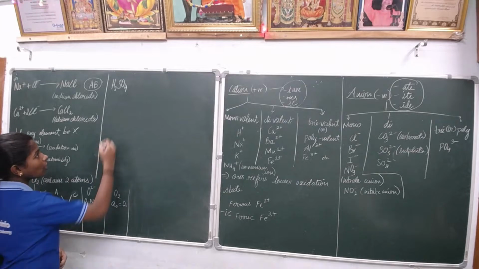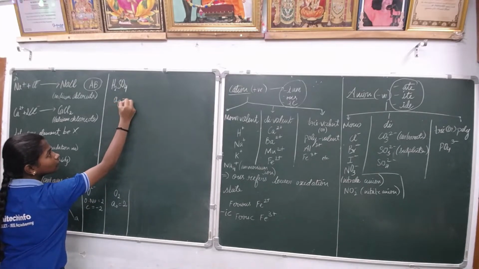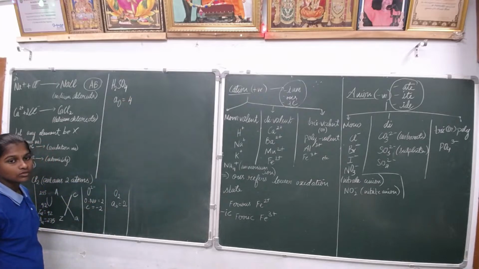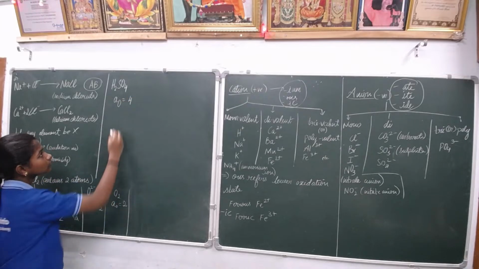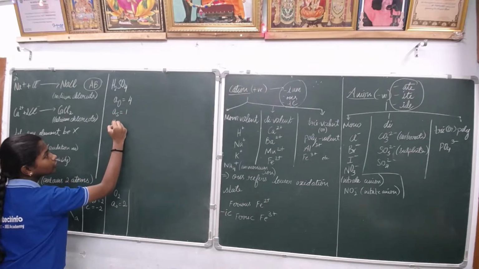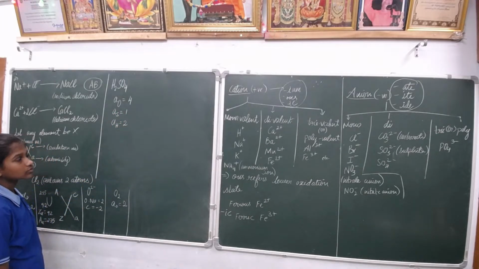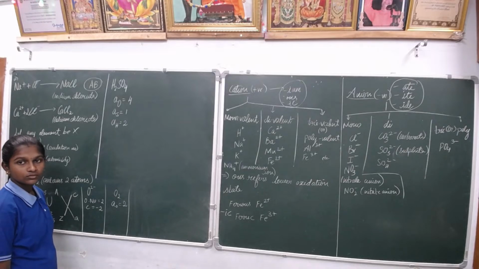H2SO4 means oxygen, only oxygen. Atomicity of oxygen in H2SO4 is 4. Atomicity of sulfur, atomicity of hydrogen, 2. Right. Okay. Are you able to follow this?